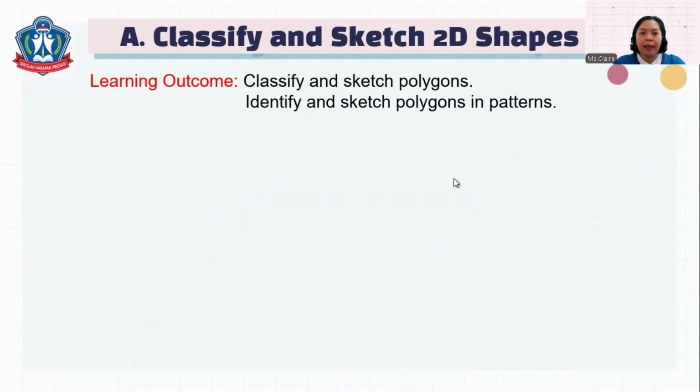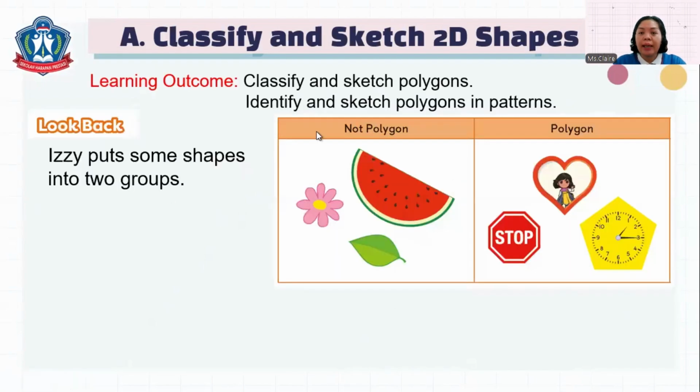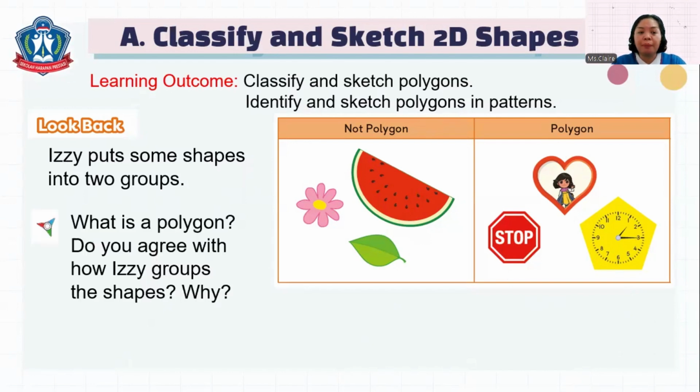Okay, P3, let's start with lesson A, classify and sketch 2D shapes. I have here some objects. Easy puts some shapes into 2 groups: not polygon and polygon. Do you think Easy is correct when he put these shapes into 2 groups? What is a polygon actually?